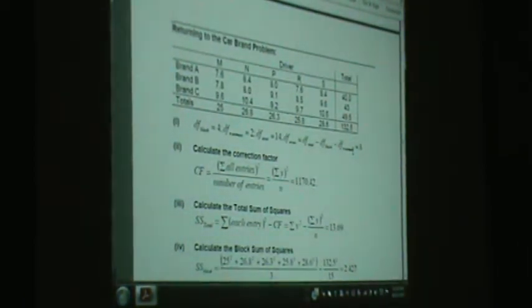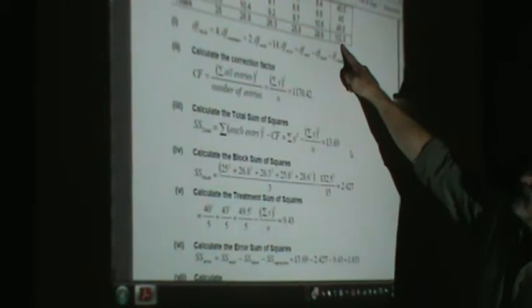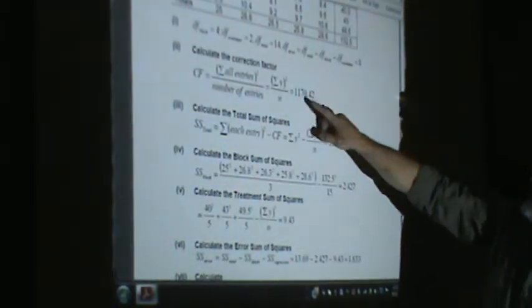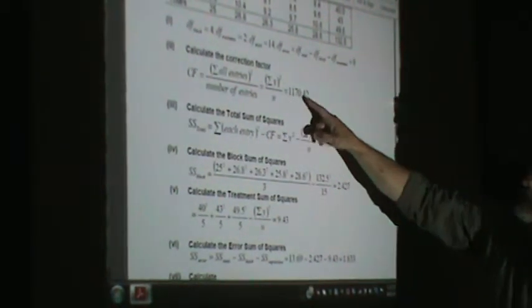And show you how to use this. Let's see. There are a couple of things I can point out. First, mathematically, this isn't that hard. You can see why I can do this by hand in Excel in an hour and hand it out to you. Look, add up all the entries, square them, and divide by n.